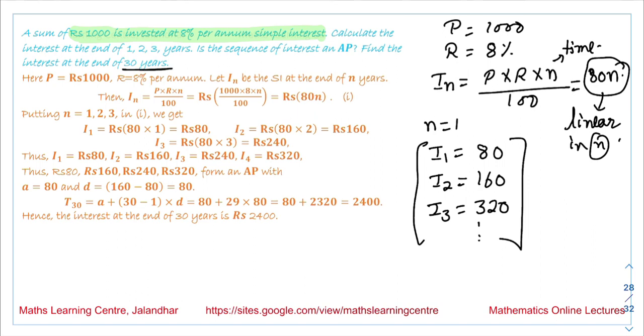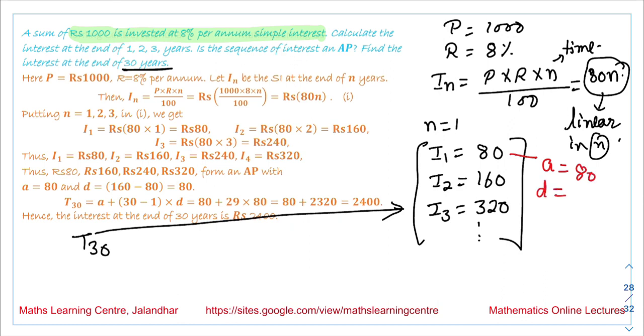And we have to find the interest after 30 years. So it means we have to calculate T30 for this sequence, for which A is equal to 80. The value of D that we have: the value of I3 over here is not 320, it is 240. I4 is 320. So the value of D that we have over here is 80.